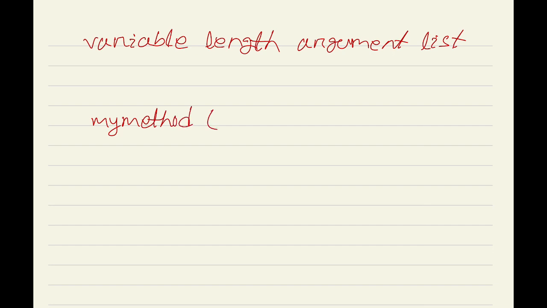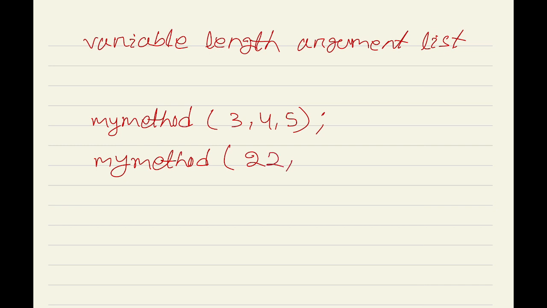So you can pass a variable number of arguments, that is, suppose you want to pass 3 arguments like 3, 4, 5. Then my method can work properly. And if we want to pass 2 arguments, that is 22, then 43, then also my method is going to work properly.